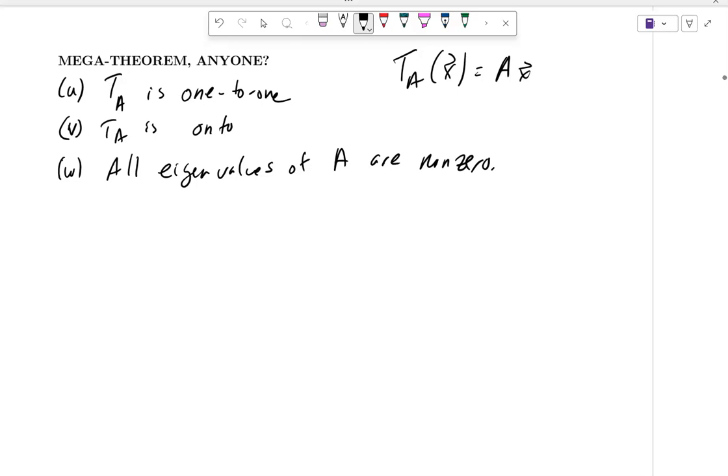So, in the last few minutes we have left today, and we'll finish this up on Friday, we're going to talk about what's referred to as diagonalization.